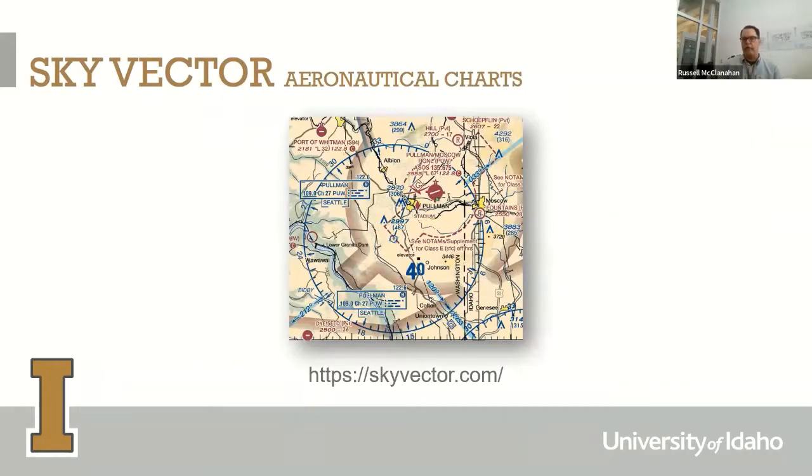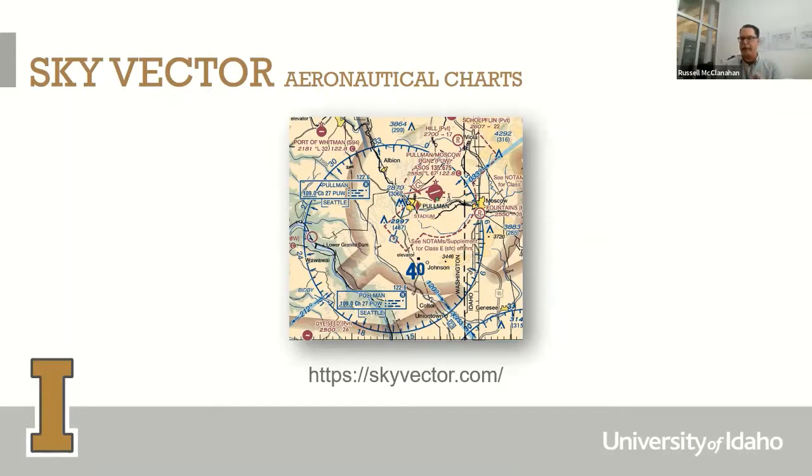Now, if you want to provide good information to the committee, one good source is SkyVector. This is aeronautical charts, so you can look and see where you're flying, figure out if you're in flight paths, and how close you are to airports.